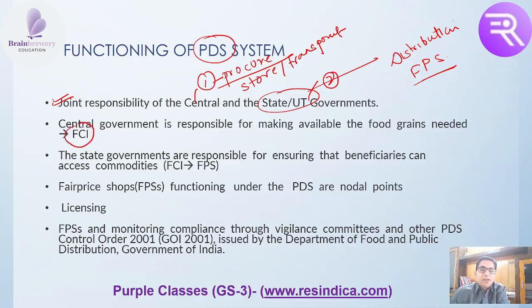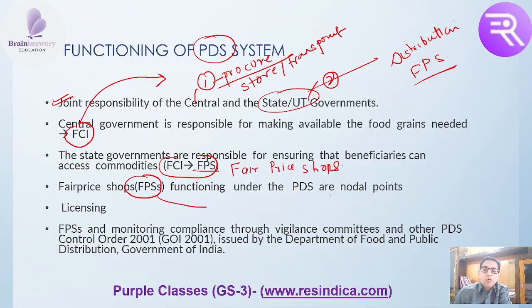So FCI will procure, store and transport. The state government will take from the FCI and send it to the fair price shops. FPS means fair price shops.